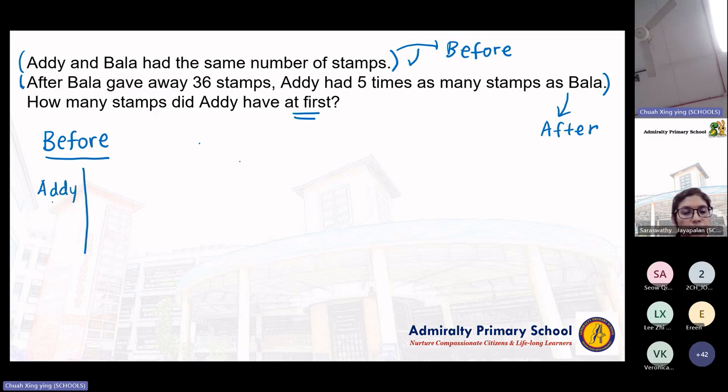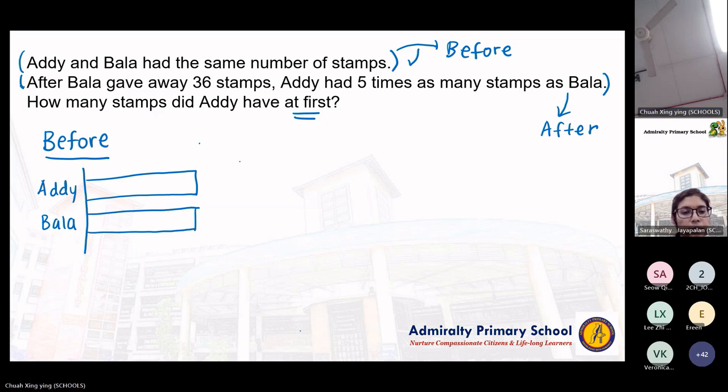Yes. So Eddie and Bala have some stamps at first. I do not know how much, but this concept, same number at first, means they are going to have the same length in terms of their bar. All right. And what happened after?